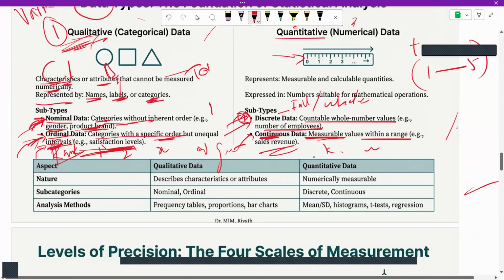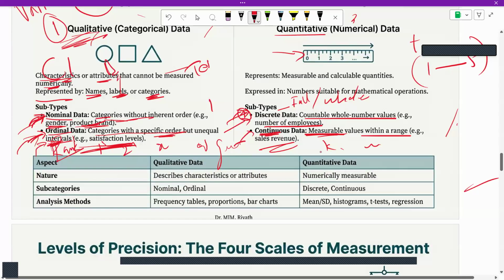Let's see the summary of the qualitative data and the quantitative data. First, the nature of data. Qualitative describes the characteristics or attributes. Quantitative data is numerically measurable.